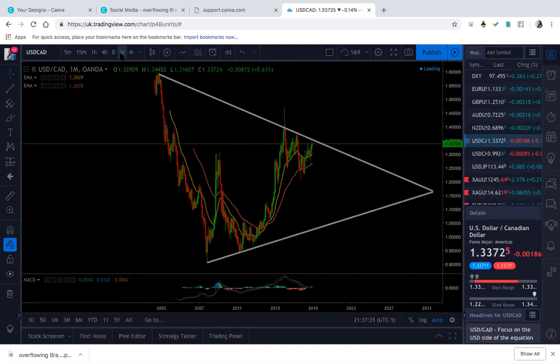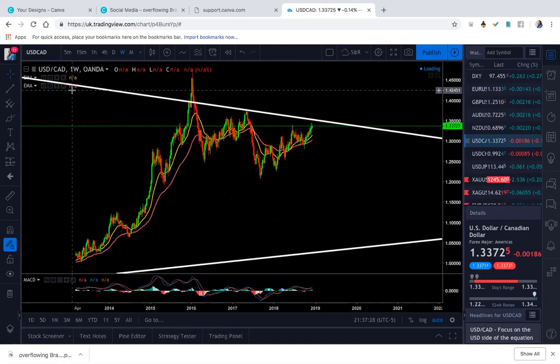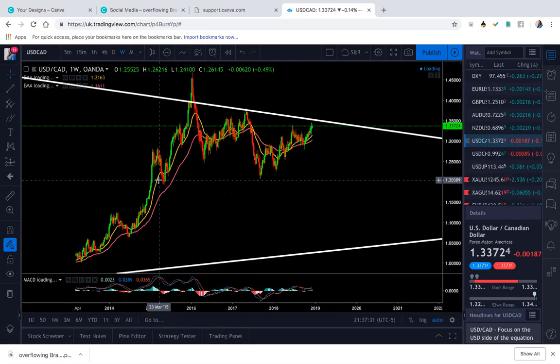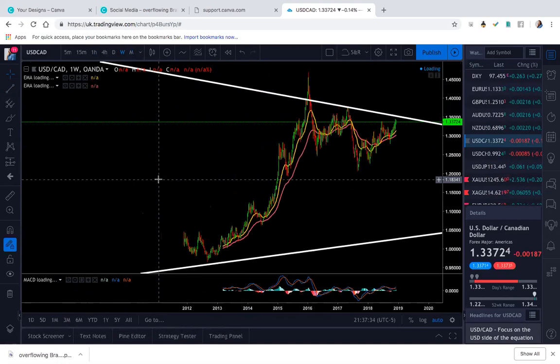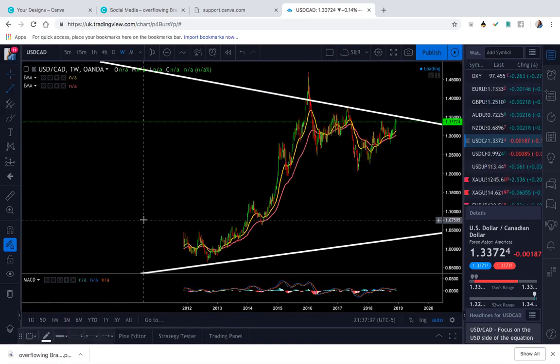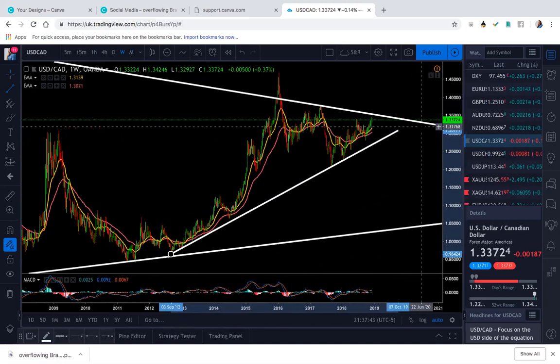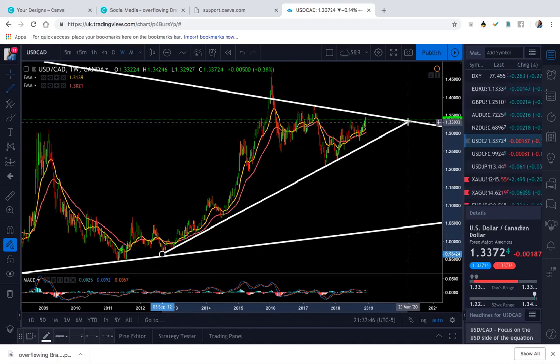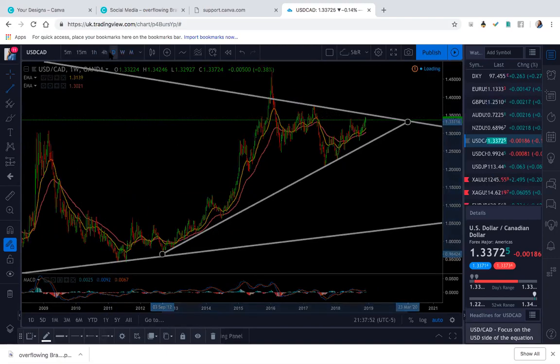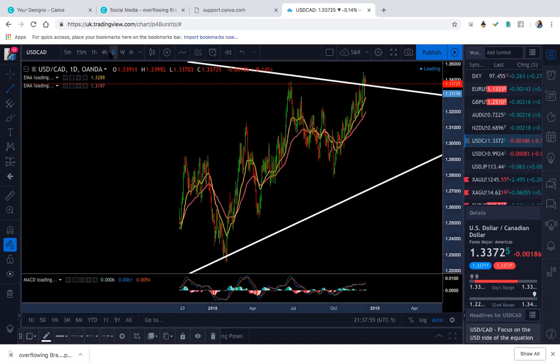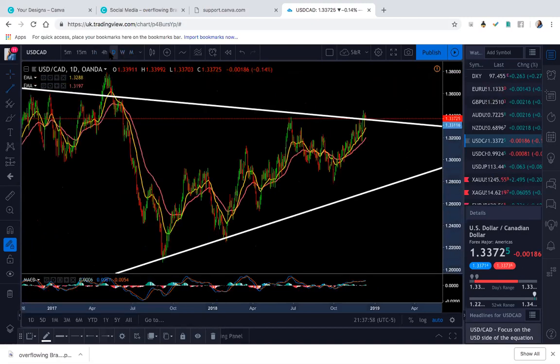I'm going to come down to the weekly now and see what uptrends and downtrends we can find, the patterns we can find with respect to these trades. So we found the uptrend here on the weekly time frame as well. You can see here now on the daily time frame where the uptrend is being respected a lot clearer.